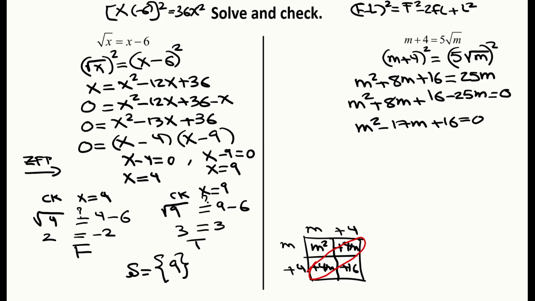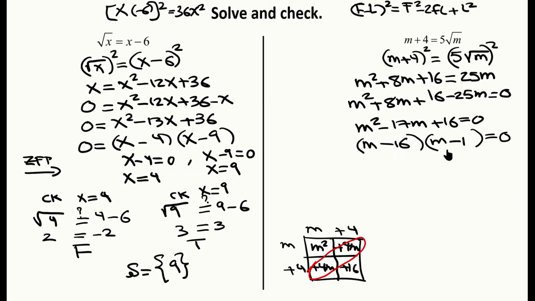Now we need to factor that. Again, that's not a very difficult factoring problem, so we end up with m and m, and I think it's easy to see that negative 16 and negative 1 will work. Now make sure you check the fact that the first term here times the first term here gives you the first term in the trinomial.